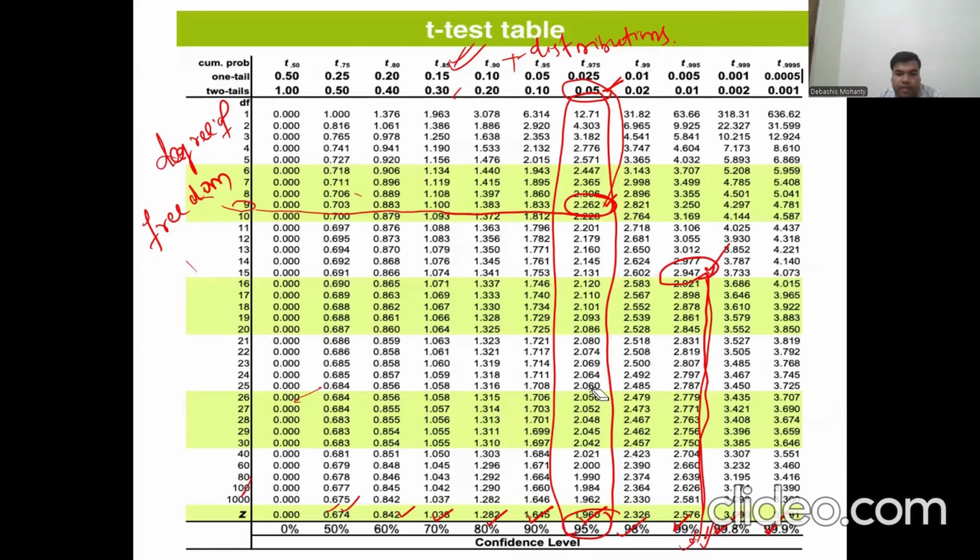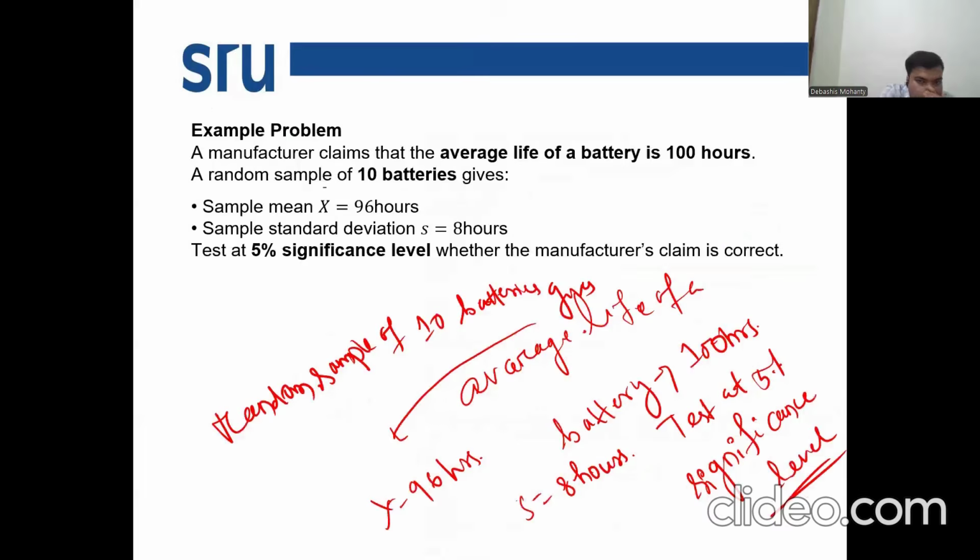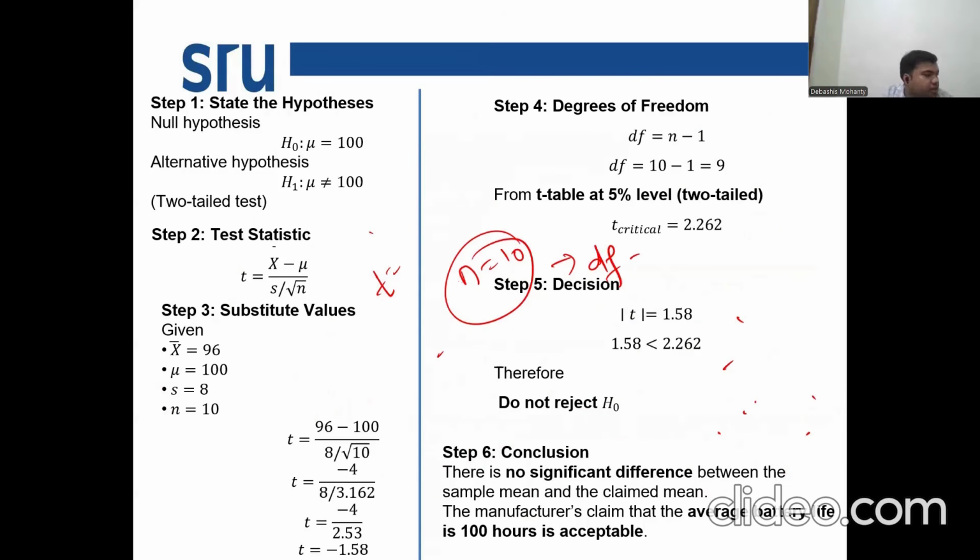Yes, 5% means 95% confidence level. And what is the degree of freedom? Same, degree of freedom is 9. So here the same value, 2.262, the same value we are getting, 2.262, right?